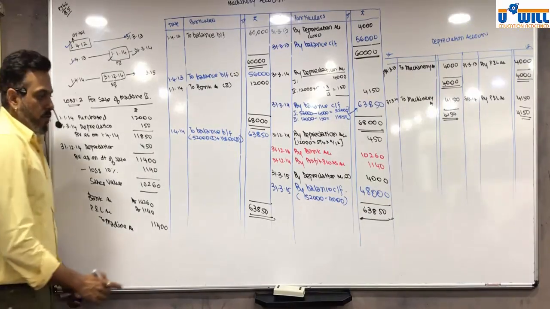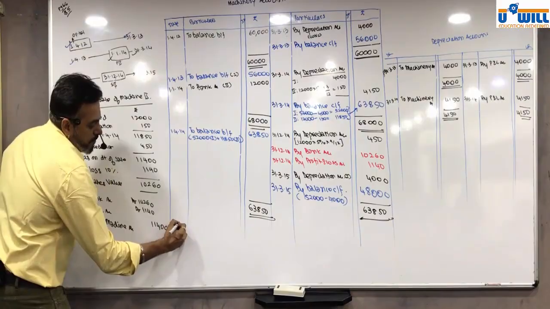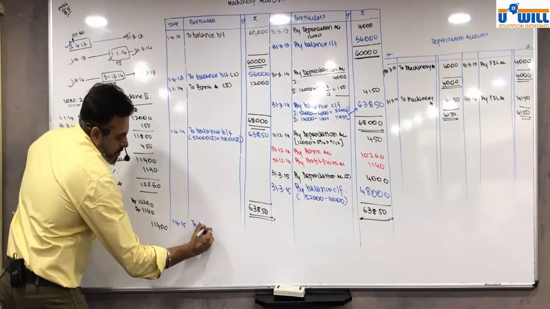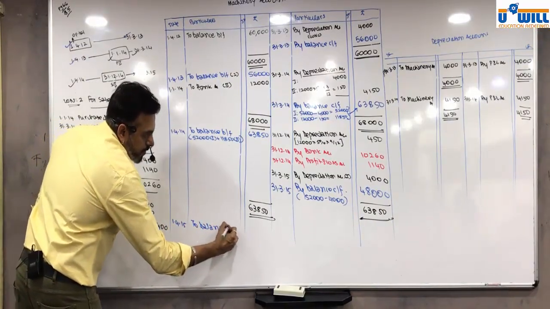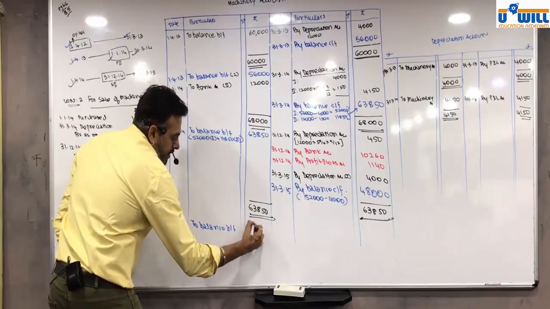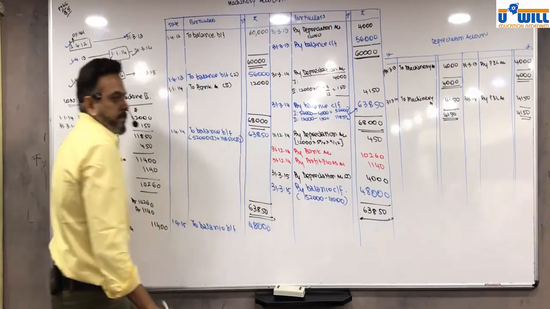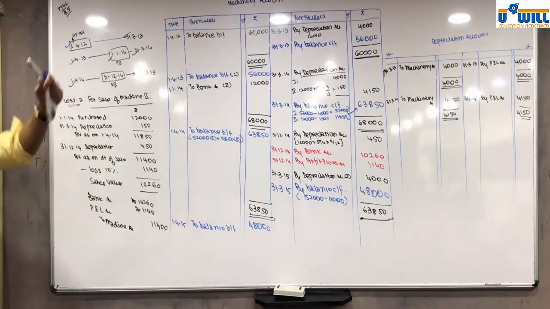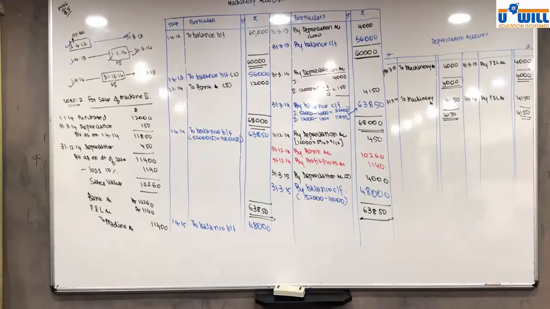Okay. Now transfer 1450 to balance brought forward 48,000. We transfer this depreciation.